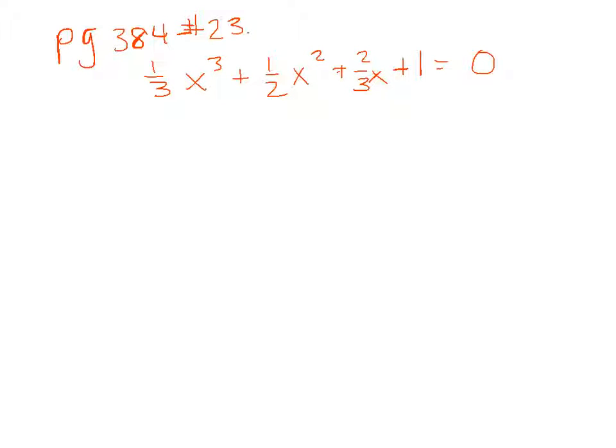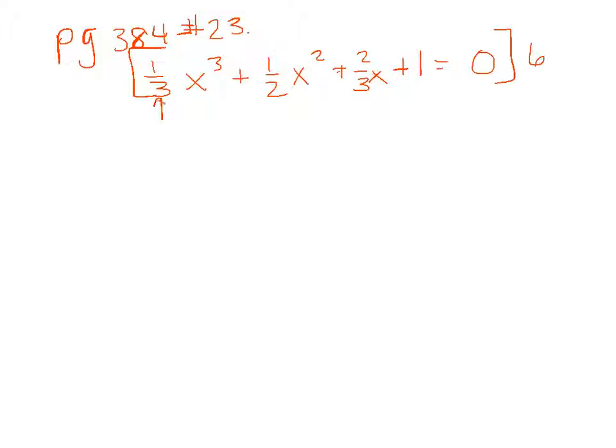Okay, looking on page 384 again, number 23, I'm just going to use this possible rational zero test to know where to get started, or possibly get started, solving this equation. But before I do that, I just want to do a trick, because we all hate fractions, at least you guys do. So I'm going to just multiply everything by 6.